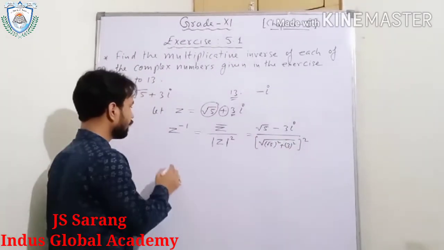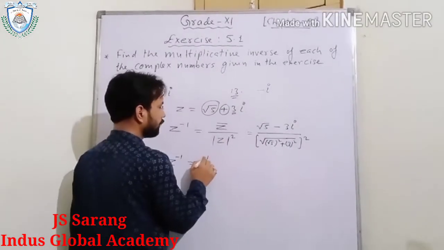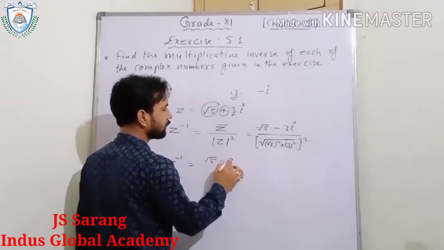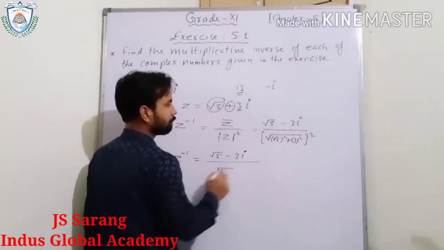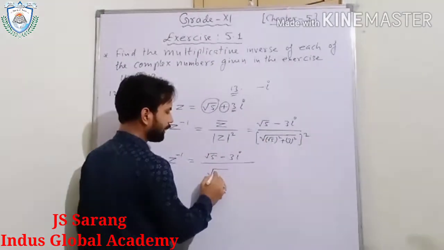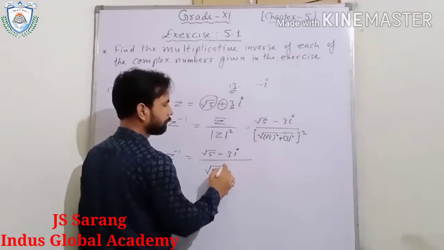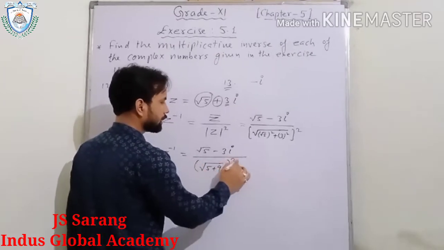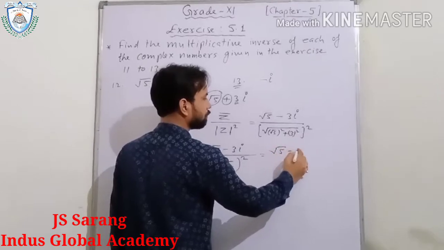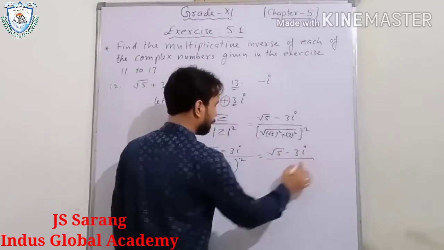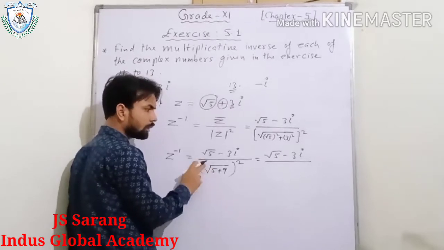Clear? Now z inverse equals root 5 minus 3i upon under root. Root 5 square gives you 5, plus 3 square gives you 9, and whole square. Now this is root 5 minus 3i upon 9 plus 5, 14, under root 14 square.